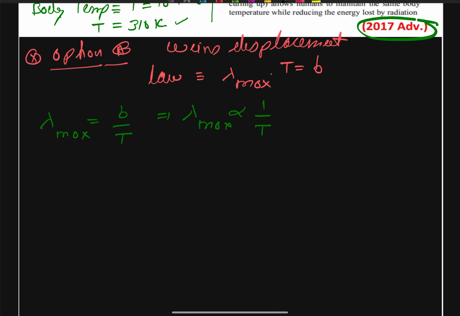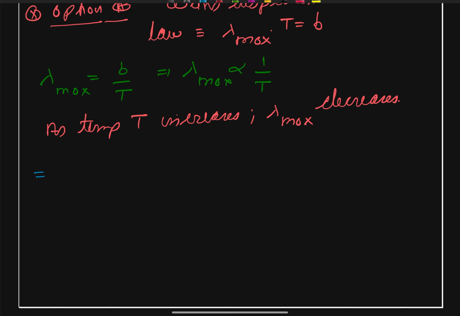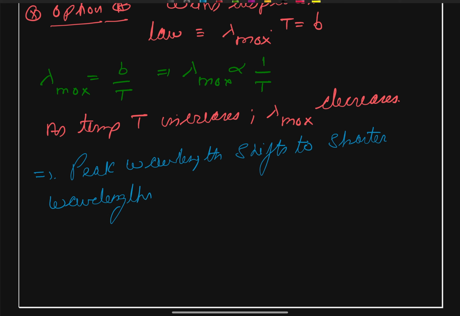As temperature T increases, lambda max decreases, and this decrease in lambda max means that the peak wavelength shifts to shorter wavelengths.